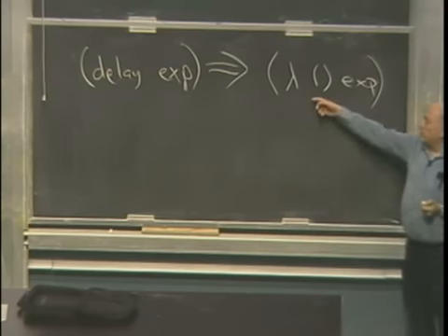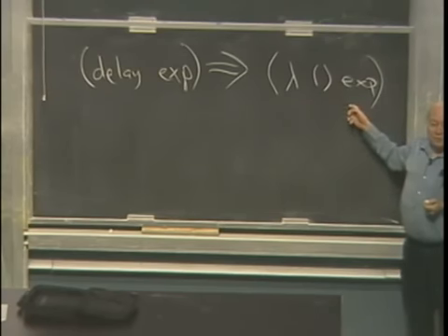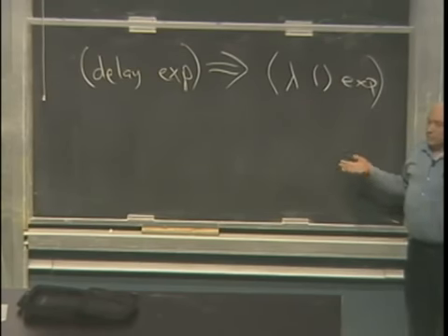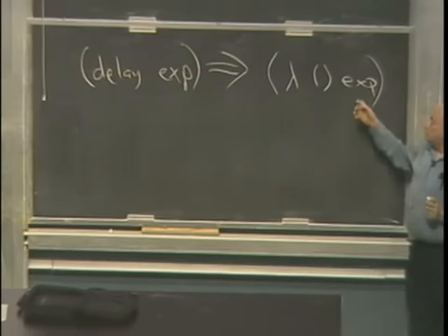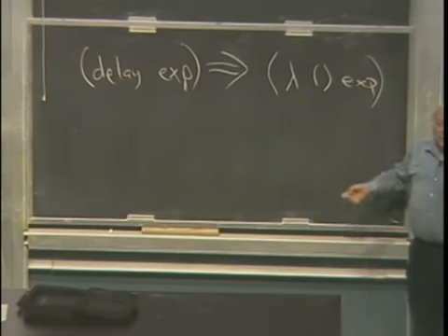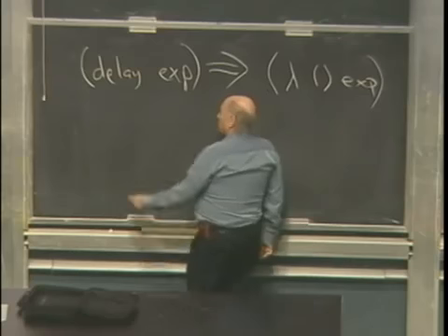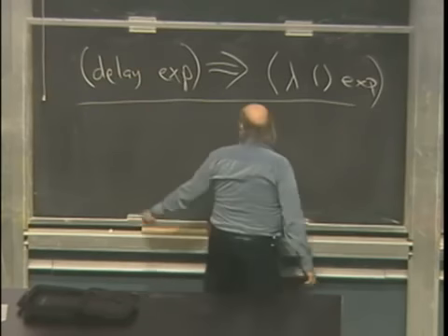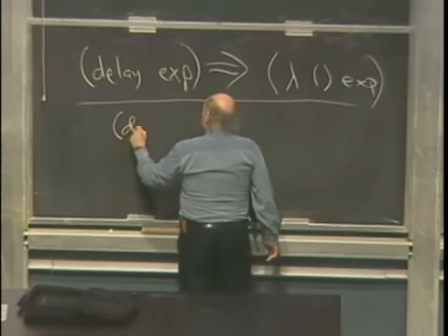Because when you see a lambda expression, do you evaluate the body? No. You don't evaluate the body until you call the procedure. So the opposite of delay, by the way, is called force. That's not a special form. It's an ordinary procedure.